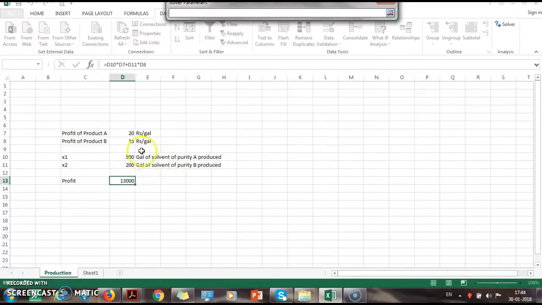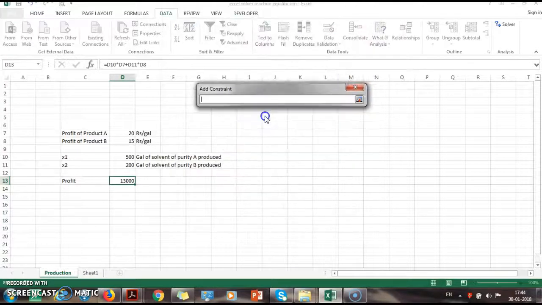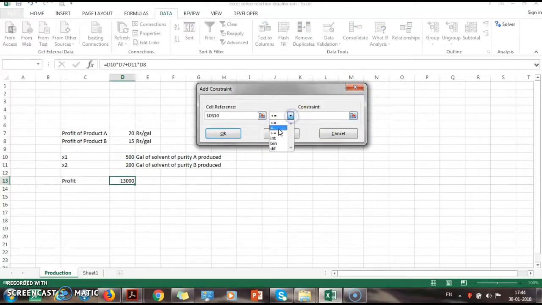By changing cells, our cells to be changed are x1 and x2. So we'll change the quantity of A and B to be produced. But there are certain constraints. What are those constraints? Our constraints are that this cell, that is D10, has to be greater than or equal to 500.